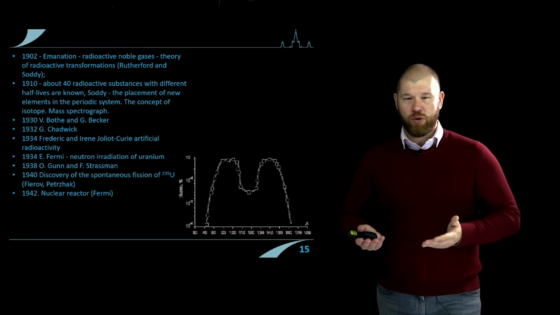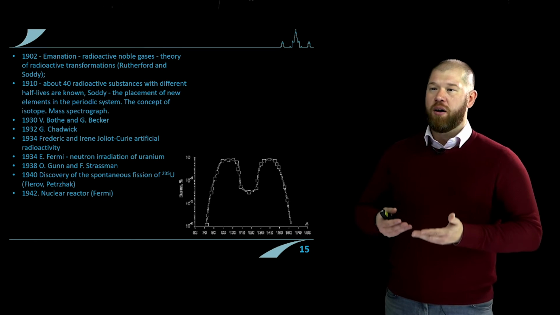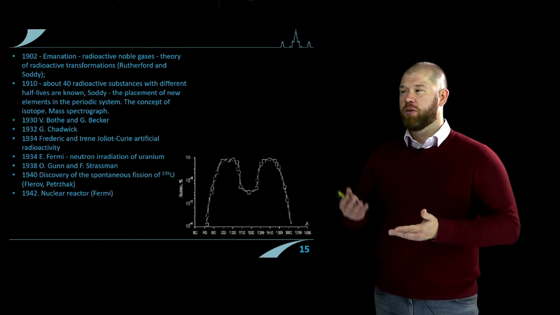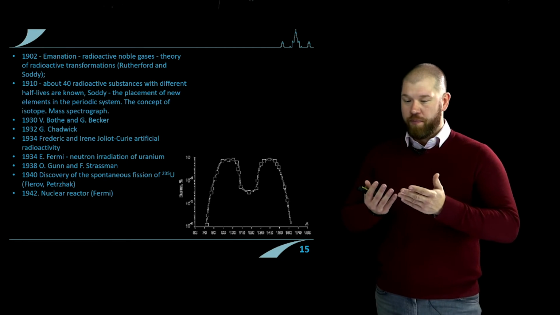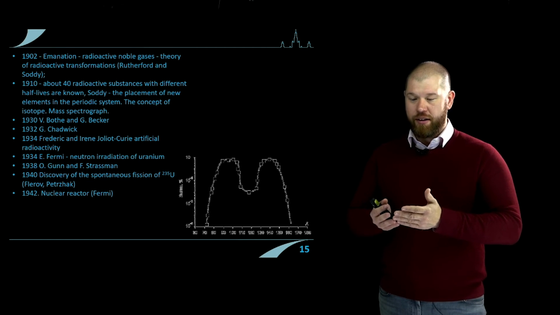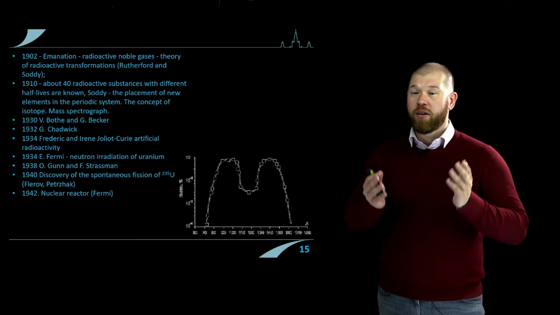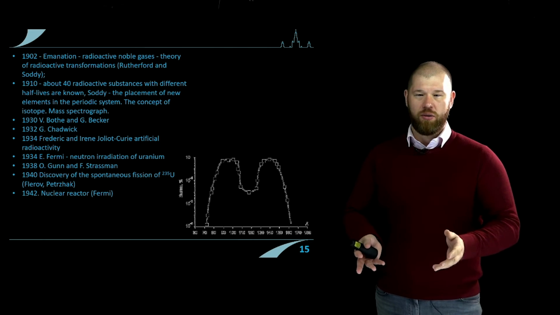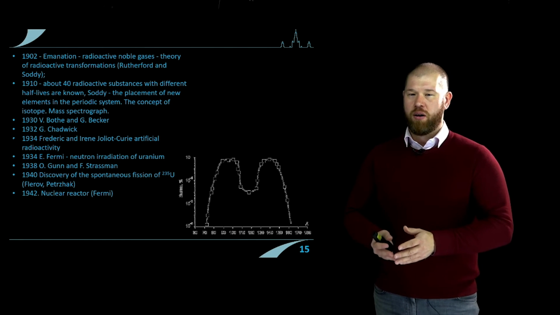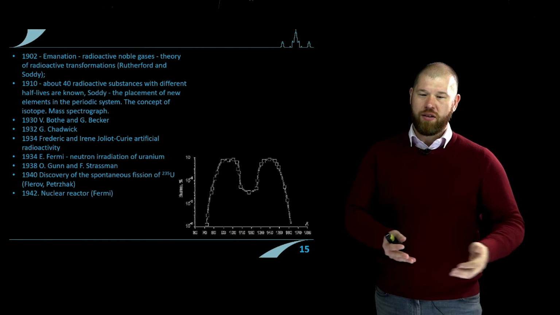But in the case of uranium fission, Otto Hahn, Strassmann, and Lise Meitner observed elements that are far away from uranium. They are located in the middle of the periodic table, while uranium is located at the end.